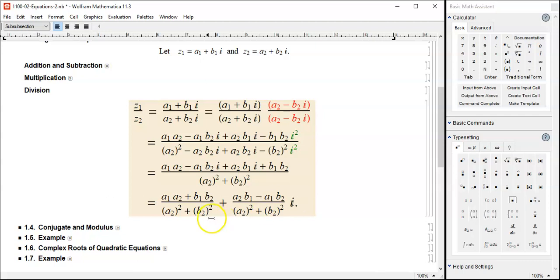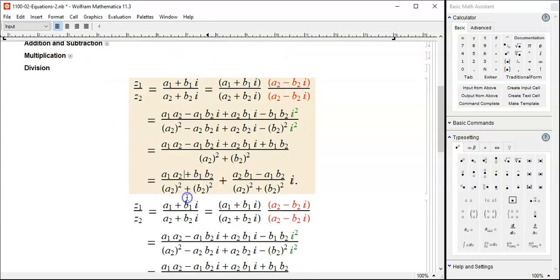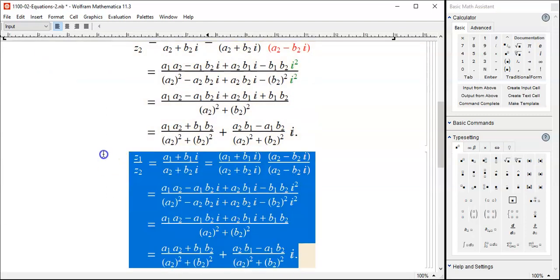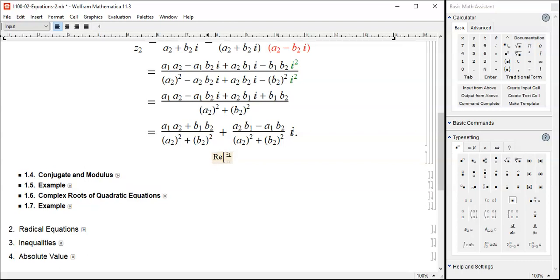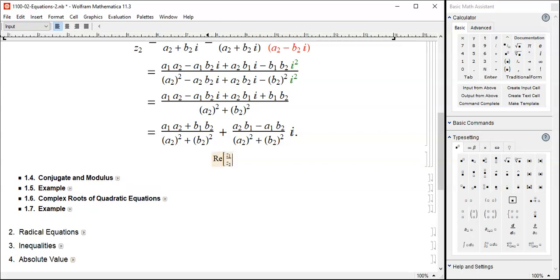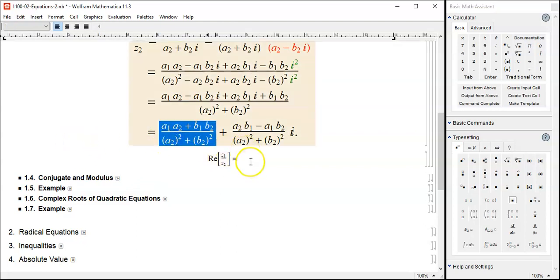By the way, if I use the previous notation, we can write like this. Real part of z1 over z2 is equal to this expression.